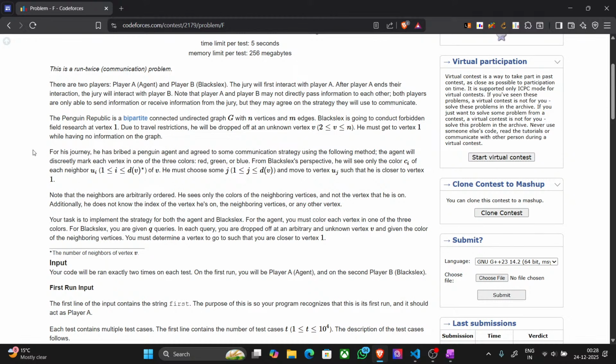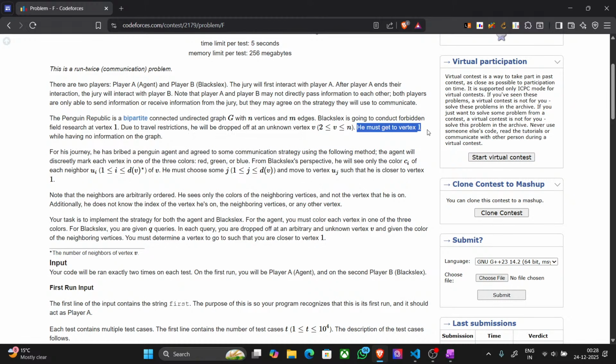So now the Penguin Republic is a bipartite connected undirected graph G with n vertices and m edges. Blackslack is going to conduct a forbidden field research at vertex 1. Due to travel restrictions, he will be dropped off at an unknown vertex B from 2 to n.